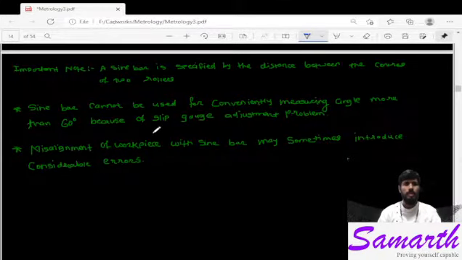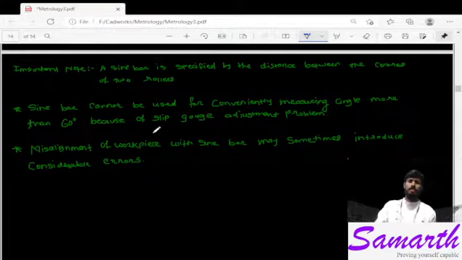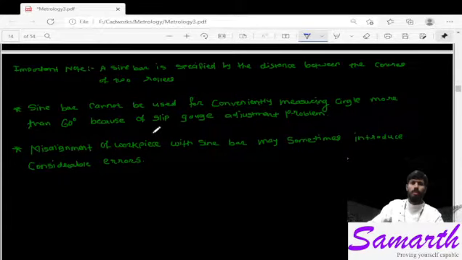Now an important note is that the sine bar is specified by the distance between the centers of two rollers. That means the length of the sine bar is its specification. For different heights we will use different sizes of sine bar, but one drawback of this sine bar is that it cannot be used for convenient measuring of angles more than 60 degrees because of the slip gauge adjustment problem, as there is a limit to the slip gauges.